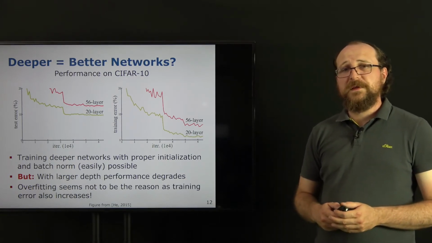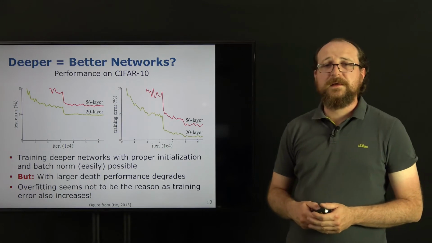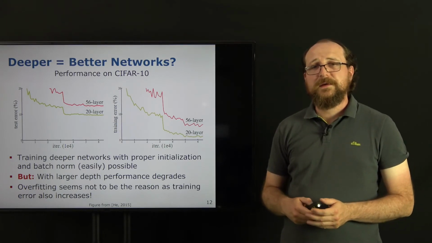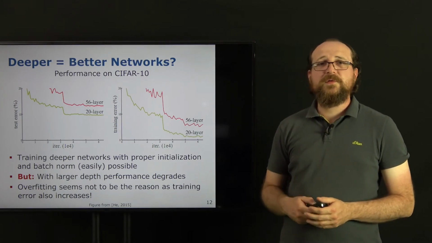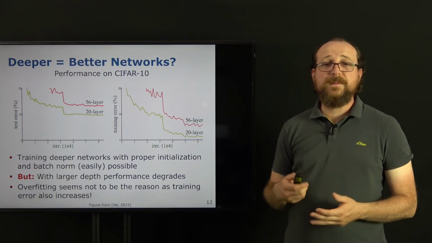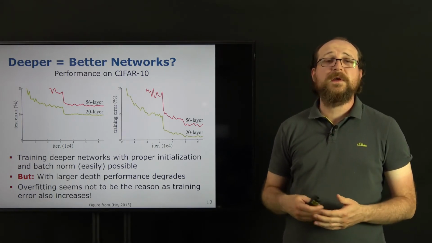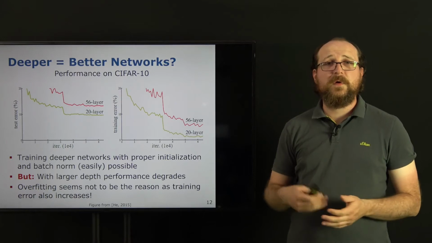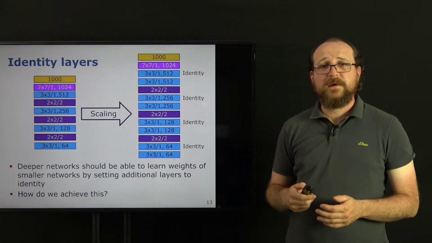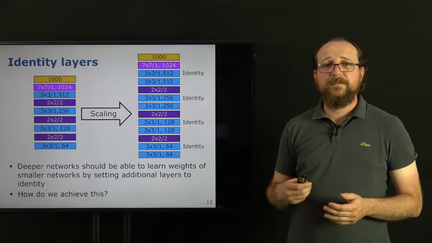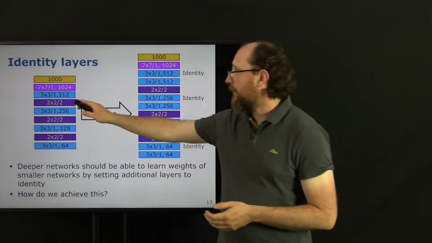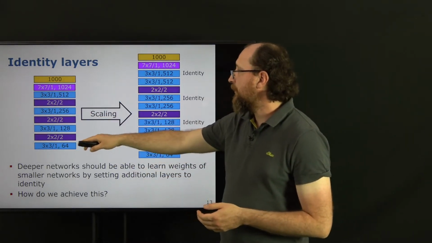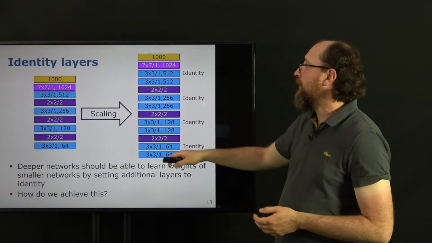And the idea that He et al. came up with is introducing the ability that deeper networks, at least in theory, could learn the same as a smaller network. It comes down to this: we have a small network that is reaching a certain performance. We can embed this network in a larger network.